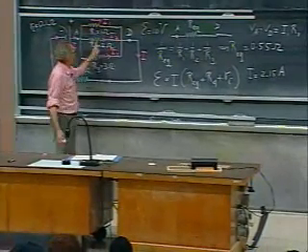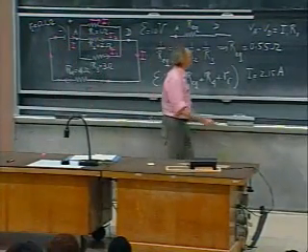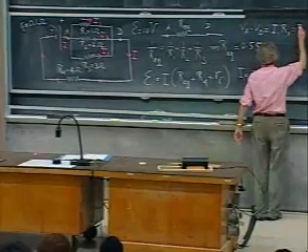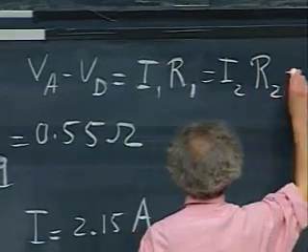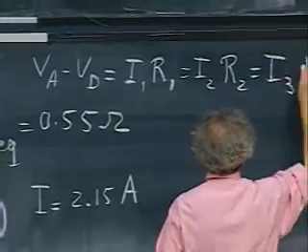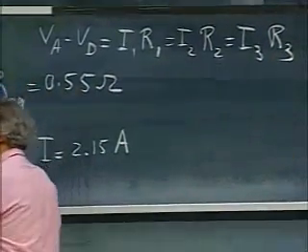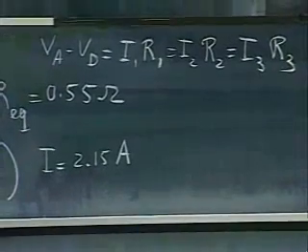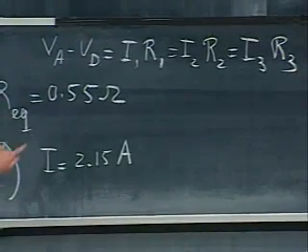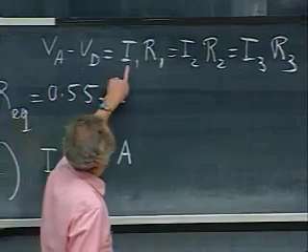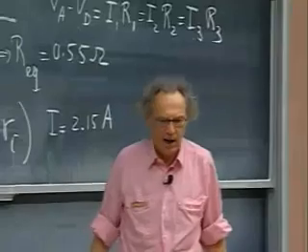I must get the same potential difference. So it's also I2 times R2, and so it must also be I3 times R3. So if I only could find I2, then of course I would know the potential difference. Out pops immediately I1 and out pops immediately I3.